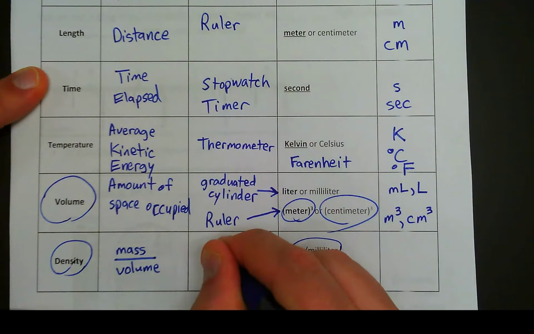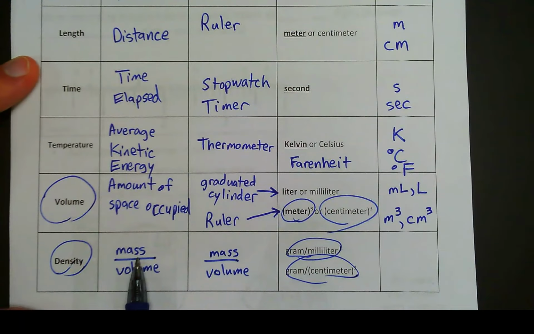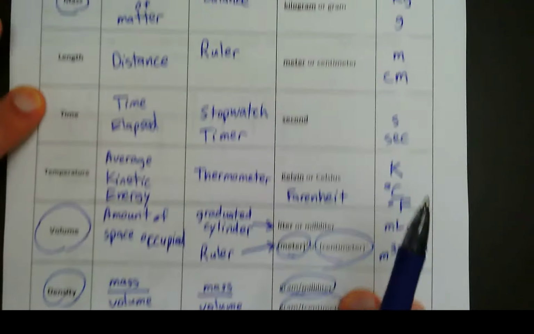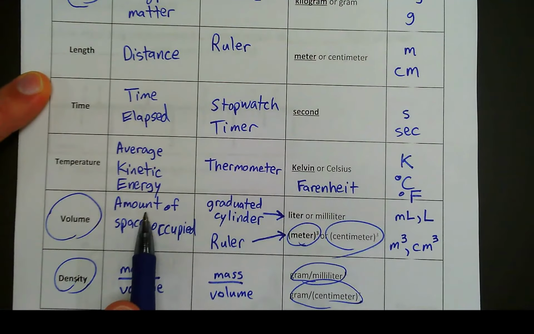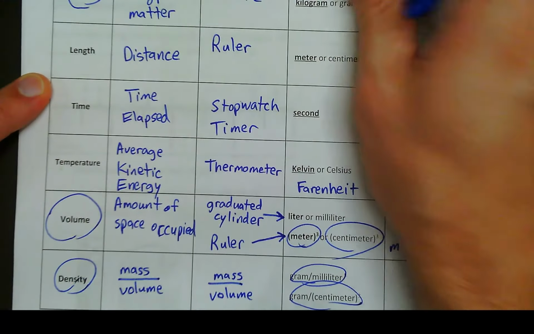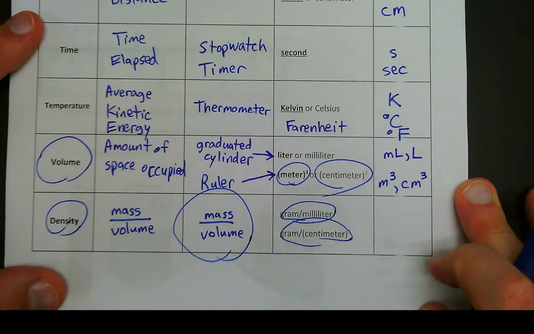Oh, I was actually supposed to put that right here. So right here what I should have written was the amount of matter, well, mass, in a given amount of space for volume. But as long as you know this part, you're golden.